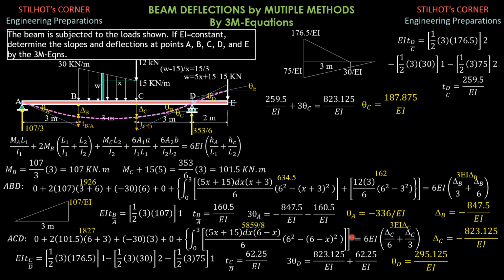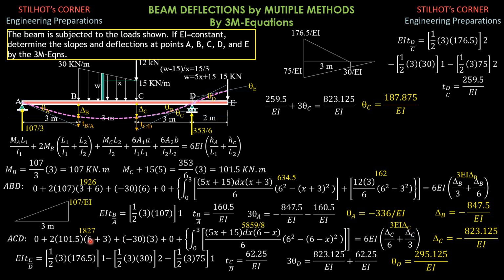Then equals 6 EI. So this is the horizontal line through the middle point, which is C, and the distance from point C on the beam to this elastic curve is delta C, the deflection. Therefore, HA is equal to delta C, and HD is also delta C. So we have 6EI quantity HA, which is delta C over 6, plus HD, which is also delta C over L2, which is 3.